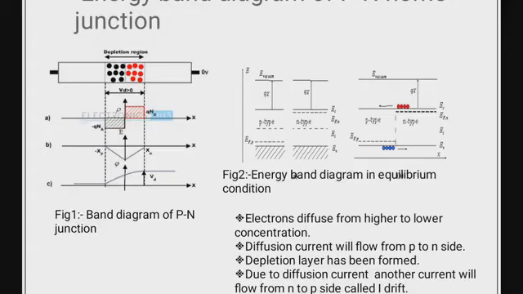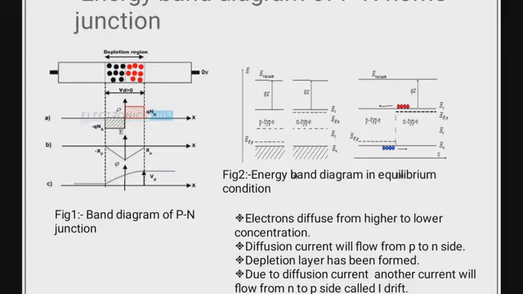In the case of holes, that is from the p to n-type bead, and in case of electrons, from the n to p-type bead, because in the n-type bead the majority carriers are electrons and the minorities are some amount of holes, and in the p-type bead the majorities are holes and the minorities are electrons. Due to this phenomenon, a current will form from the p to n side, and this current is called the diffusion current, or I diffusion.